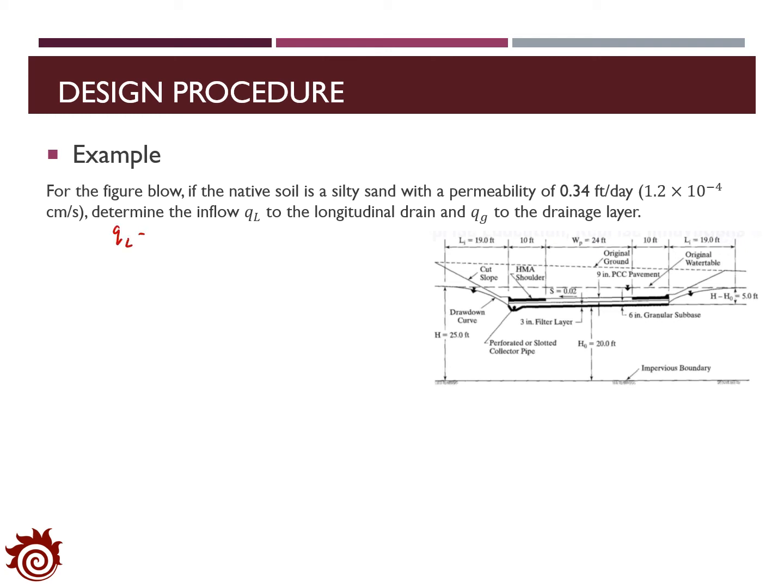First, QL in this case is set as 2 times Q1 plus Q2, and Qg is Q1 plus 2 times Q2 over W. In this problem, we want to find out Q1 and Q2 in order to get the values of QL and Qg. So in the solution, we will first try to get the value of Q1.